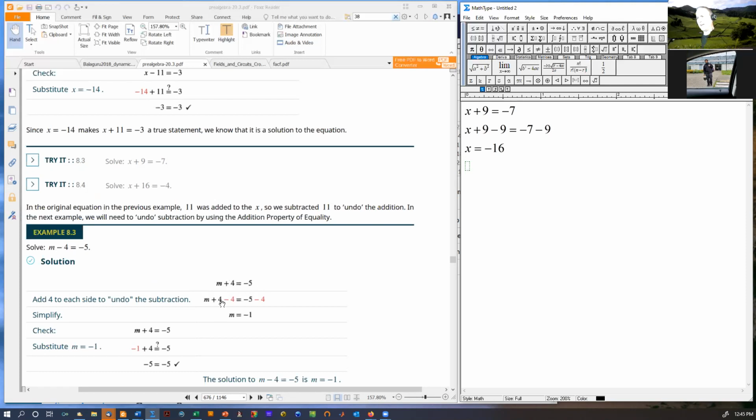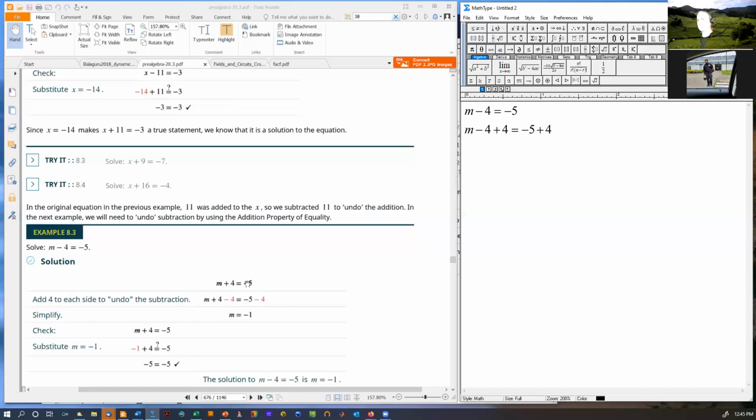And then what they've done is they add 4 to both sides. Let me write it out over here because this is really confusing. Sorry about this. So the original equation is m minus 4 equals -5. And now to solve this one, we want to use the additive property. So m minus 4, and we're going to add 4 to both sides, equals -5 plus 4. See the difference here of what they've done?